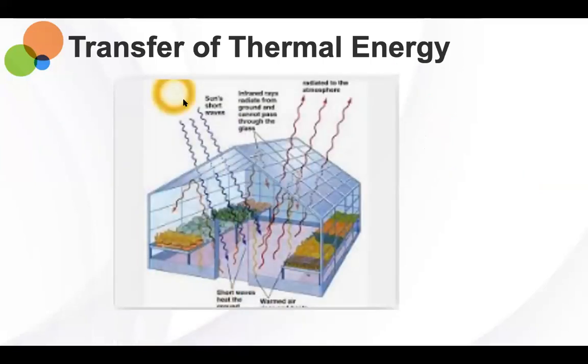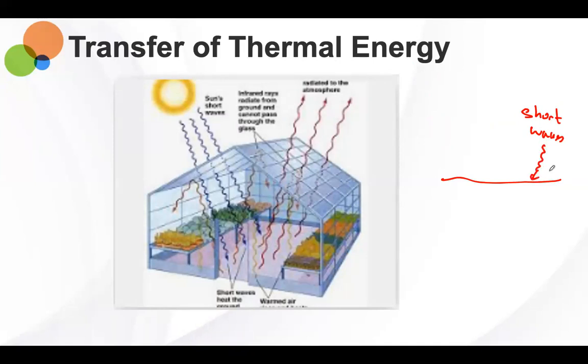All right, the last one is our greenhouse effect. We can look on the greenhouse effect. Now, the sun produces radiation, and usually what happens is that you have short waves hitting the ground, right?